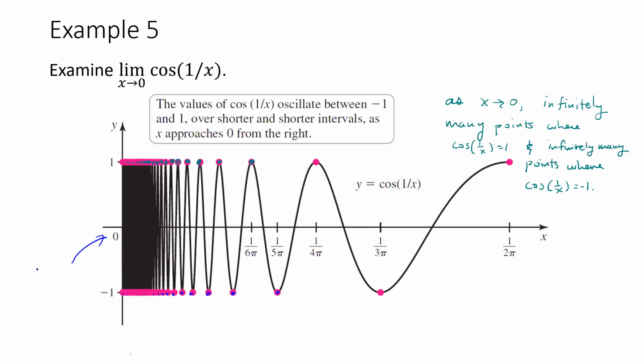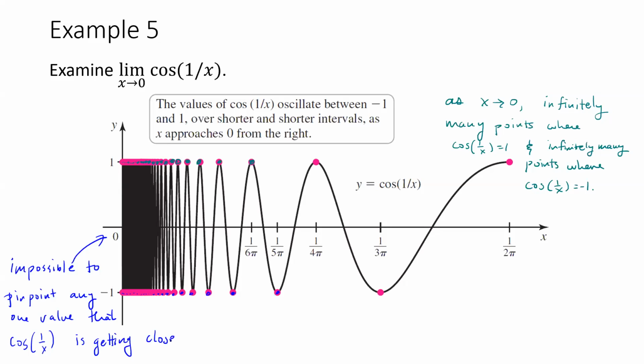So it's impossible to pinpoint any one value that cosine of 1 over x is getting closer to as x goes to 0.